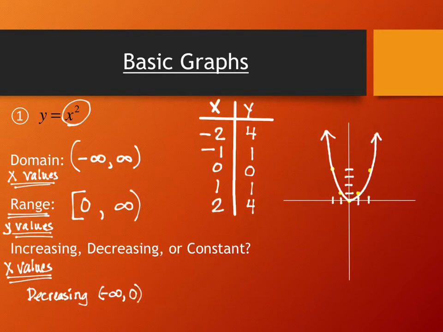And there's different things that our textbook might do with this 0 at the end. I'm not terribly concerned about it. Most books, and I don't think this book is one of them, but most books that I've used simply always use parentheses for increasing and decreasing and constant values. And the reason that they do is because what are you doing at a specific point? Well, you're not doing anything. You're just stuck there. It doesn't make sense to say, what's happening at 0? Am I increasing or decreasing?